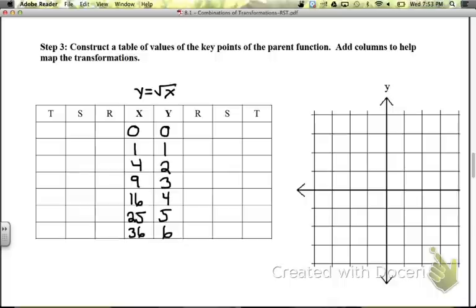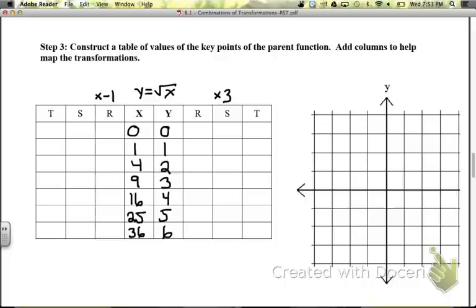So now we're going to look at our transformations. The first one is vertically stretched by 3. If it's vertically stretched by 3, that's affecting our y value, so in our stretch, we're going to multiply by 3. The next thing we see is that it's being horizontally reflected. That affects our x value, so we need to multiply by -1.